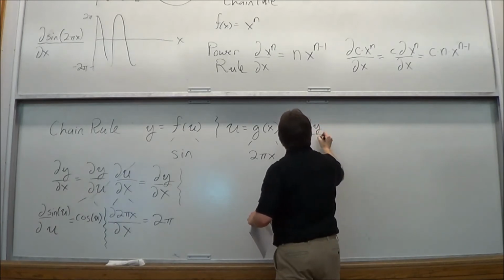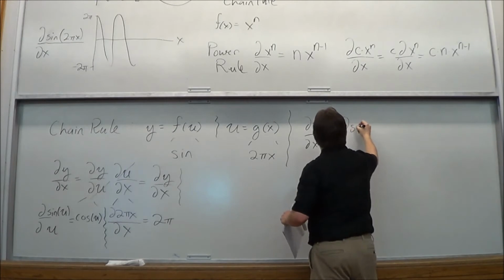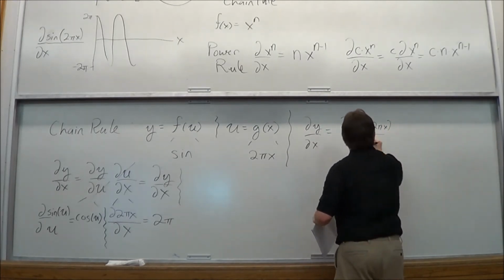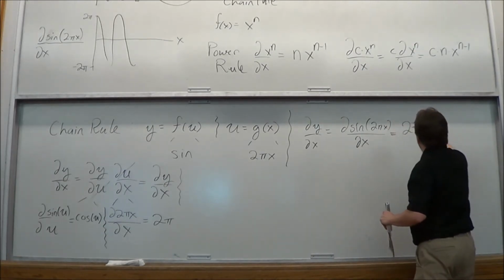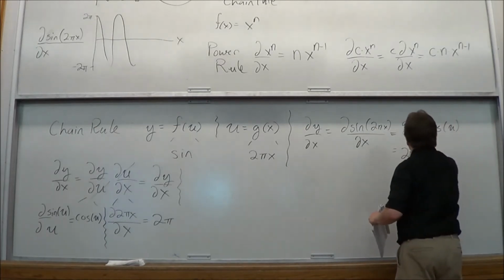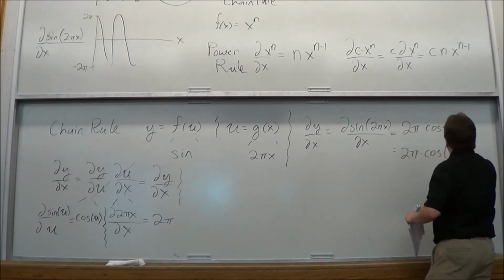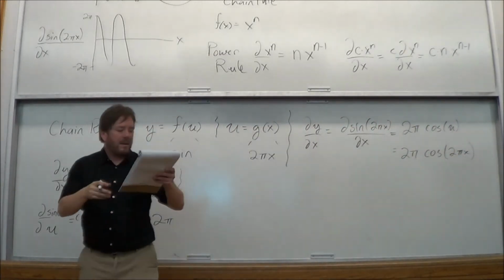Change in y with respect to x, which is the change in sine 2 pi x with respect to x, is, I'm going to write this in reverse, 2 pi cosine of u, but u is, you got to remember to put that back in, cosine of 2 pi x. There you go. That's how you do it.